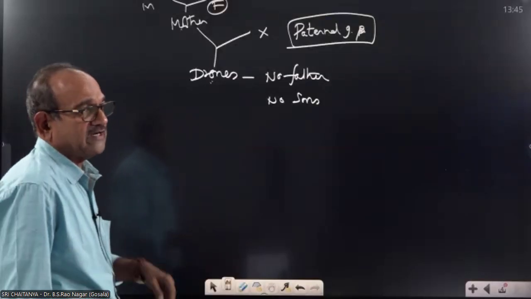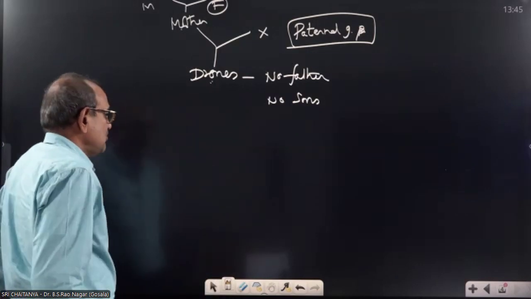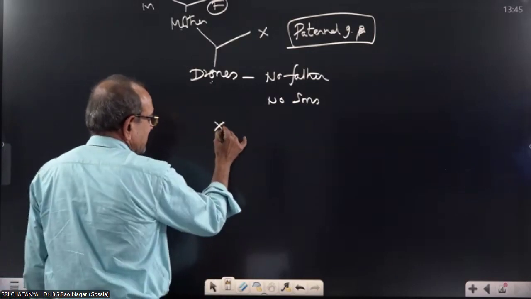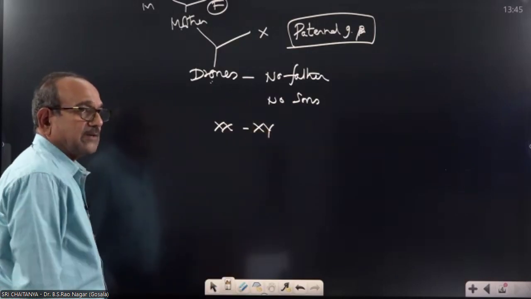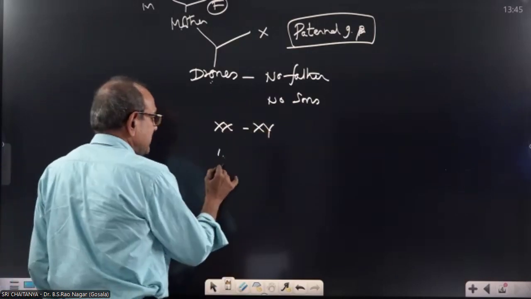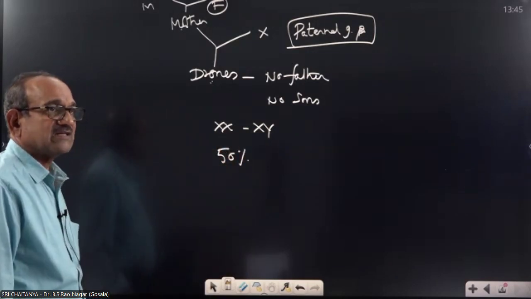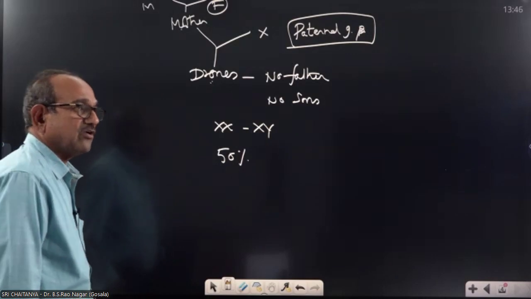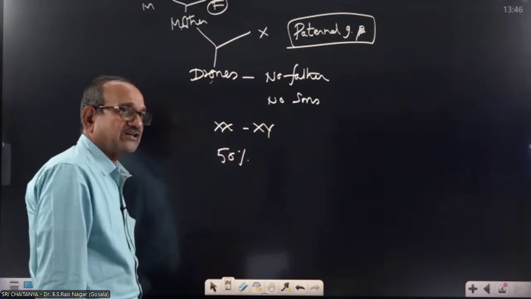Then one more important thing, having some evolutionary significance. Usually in the XX, XY method, the progeny share 50% of their parental genes, because gametogenesis is by means of reduction division.